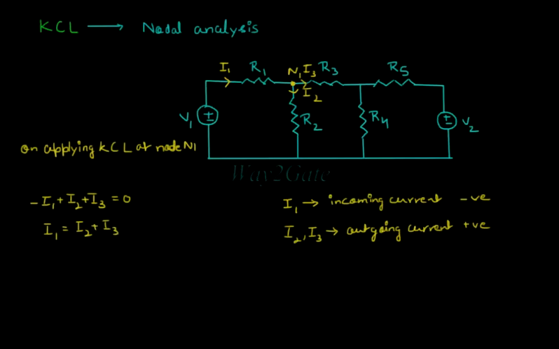If the voltage at node N1 is Vn1 and the voltage at node N2 is Vn2, then current I1 due to the potential difference between V1 and Vn1 can be calculated as shown, that is V1 minus Vn1 minus I1 R1, due to the potential drop across the resistor, is equal to 0.